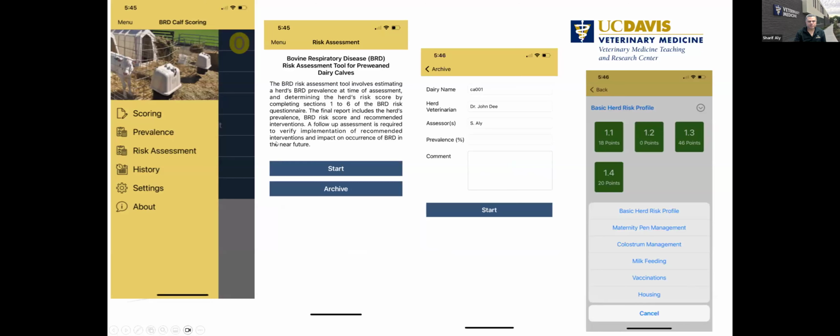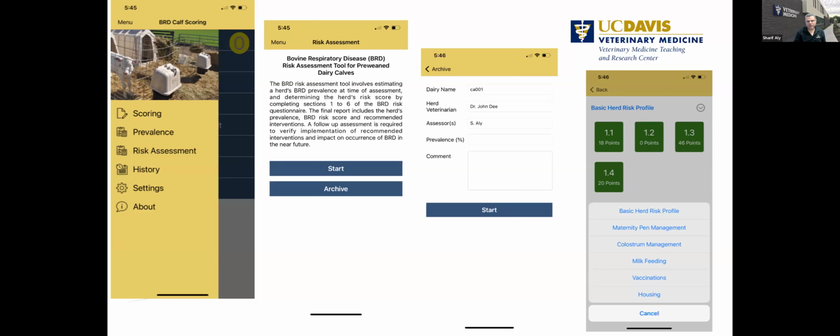Once you open the app, there's the menu, and now you can see it has the risk assessment. In the settings, and I don't show you here as a screenshot, but the settings will allow you to switch between languages immediately. So the app itself will switch automatically without you having to switch the language of your phone.